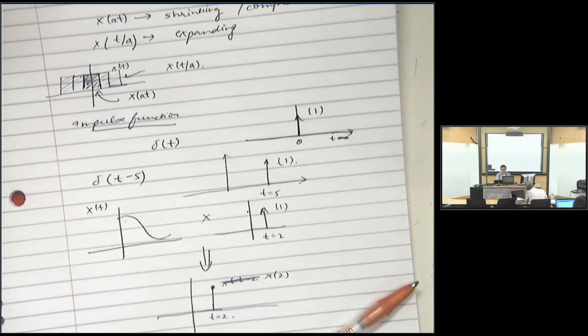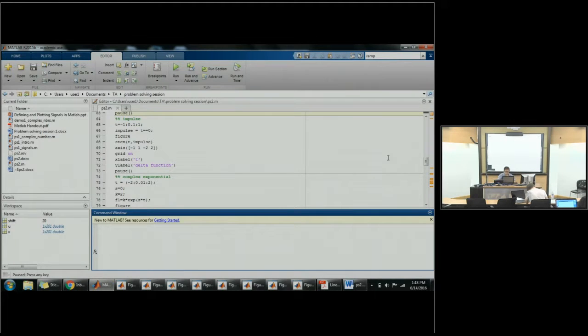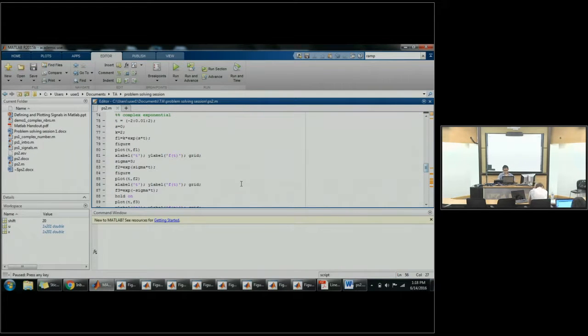So coming back to MATLAB, so this is the impulse function centered at 0. This you can shift in any direction by any amounts. Now coming to complex exponential signal. So complex exponential signal has a standard format.